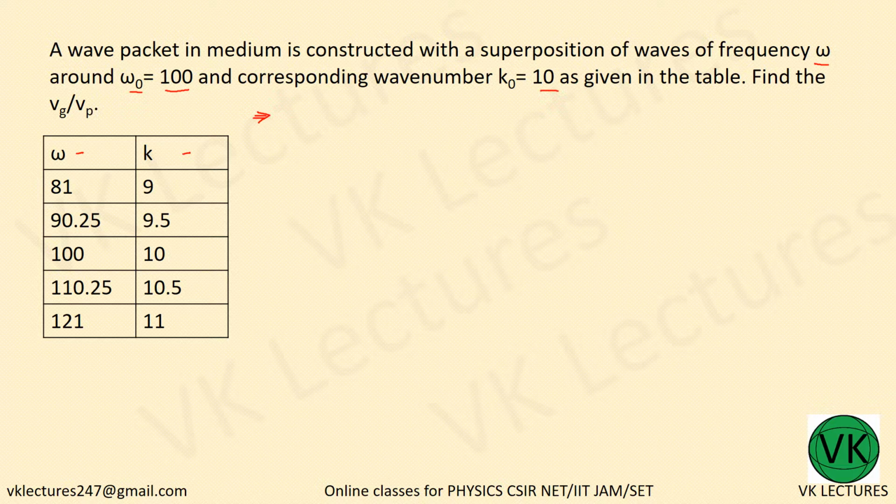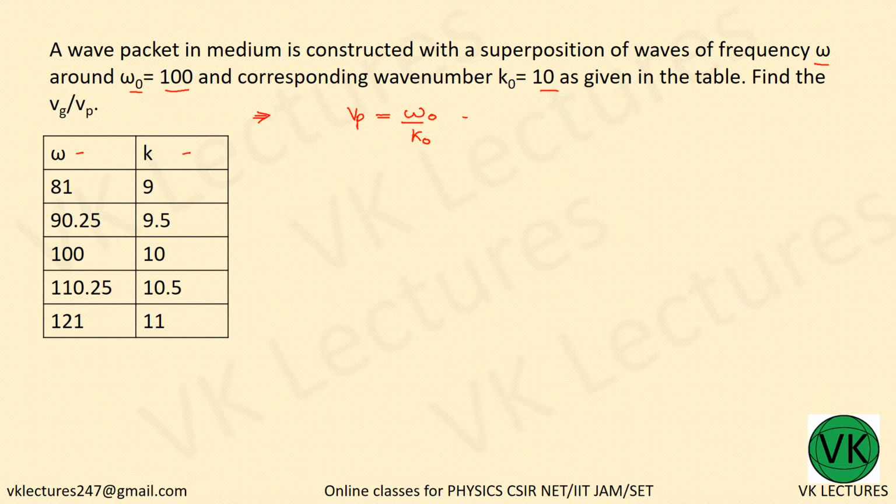We need Vp, or Vg by Vp. Now let us first write Vp. What is Vp? Vp is equal to omega by k, so omega naught by k naught.